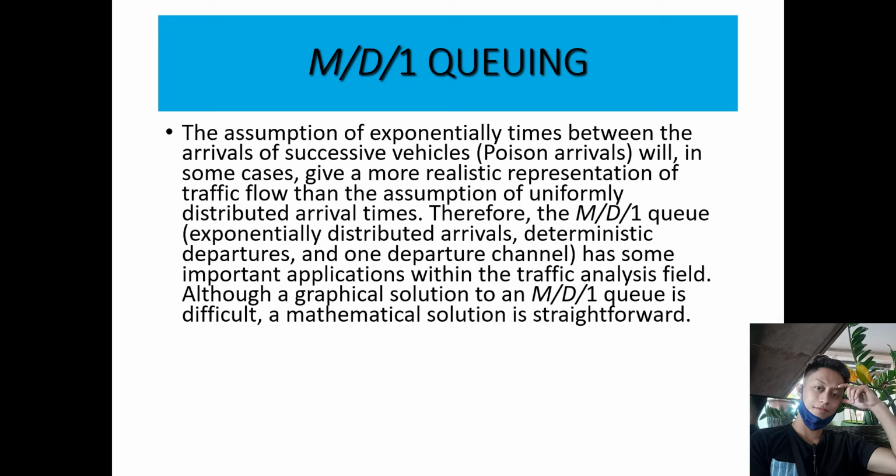Therefore, the M/D/1 queue, with exponentially distributed arrivals, deterministic departures, and one departure channel, has some important applications within the traffic analysis field. Although a graphical solution to an M/D/1 queue is difficult, the mathematical solution is straightforward.